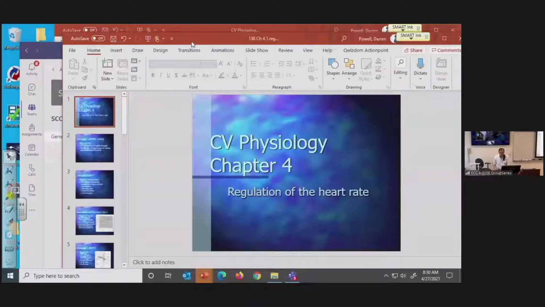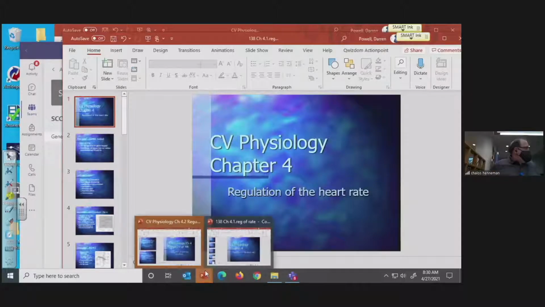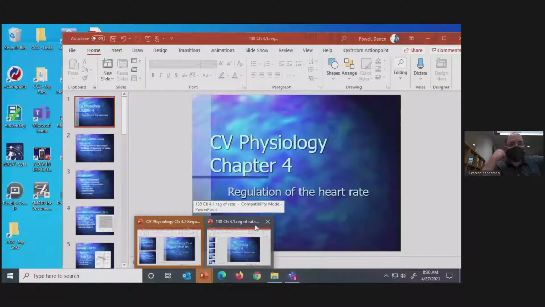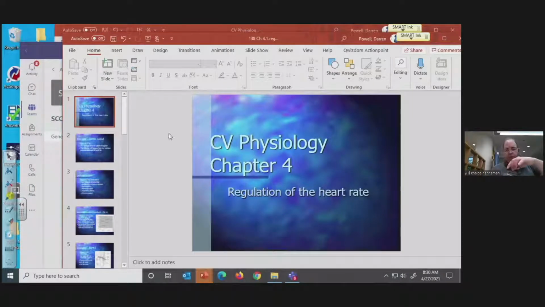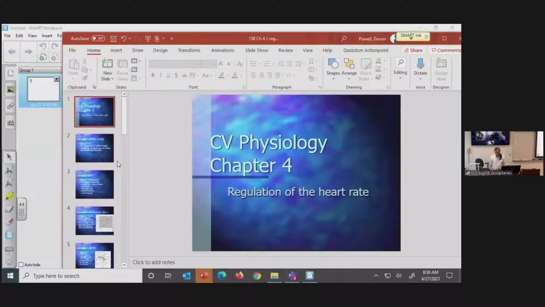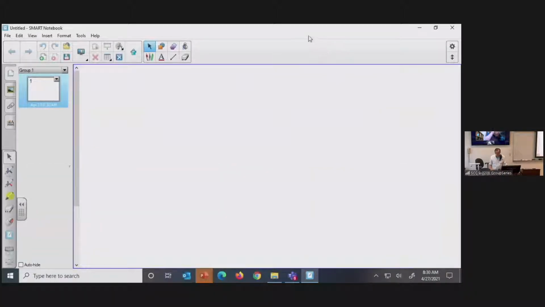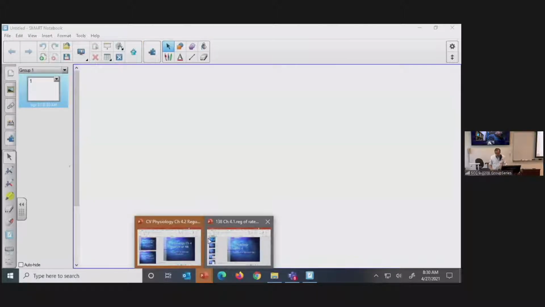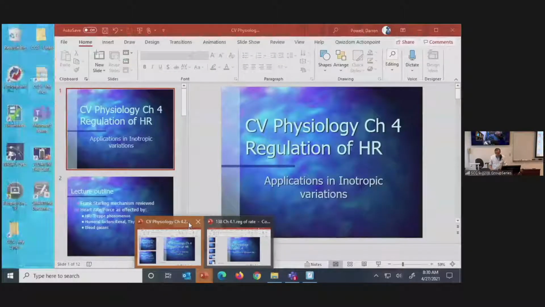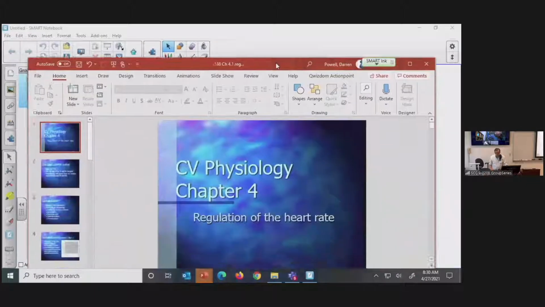My little monitor's not working right on my podium, so I'm having to look far away to see what I'm trying to open. So it's a little bit awkward. So just hang with me. I think I can make this work. Okay, we'll go like that.